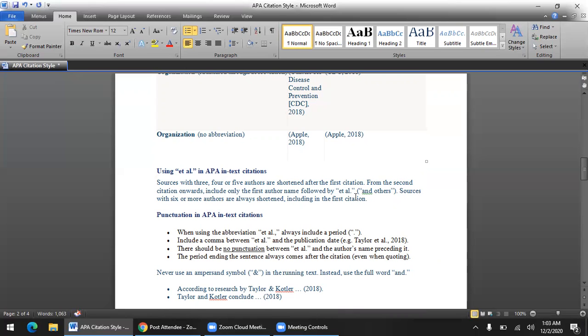We just include the first author name, followed by et al., then a period. Okay, and other sources with six or more authors are always shortened, including in the first citation.